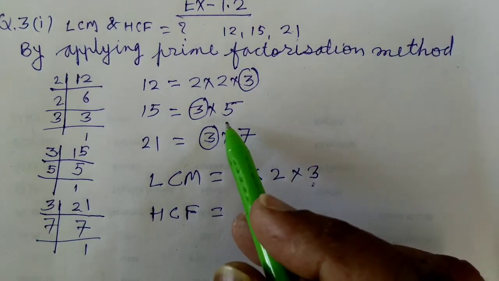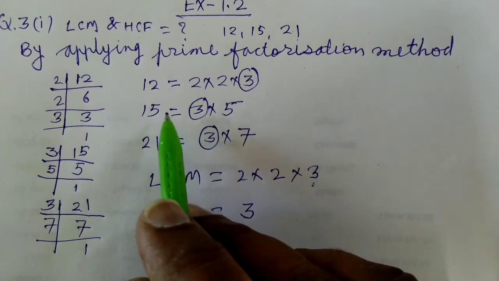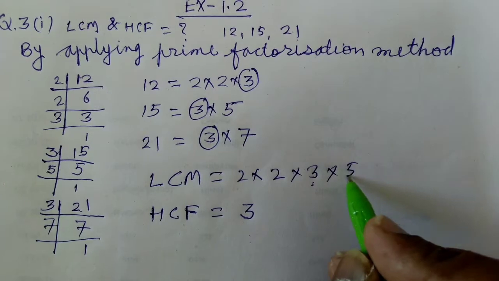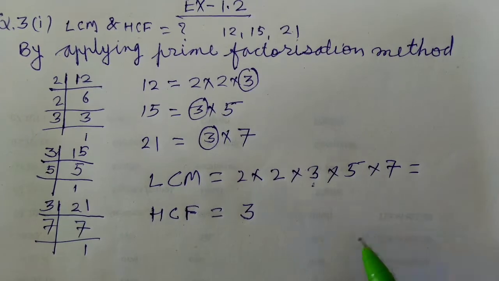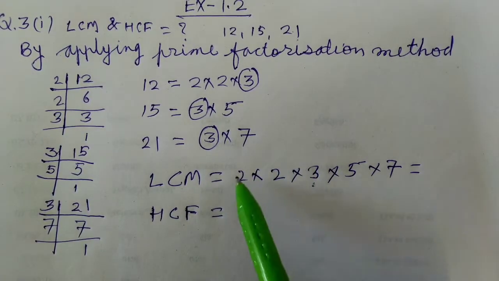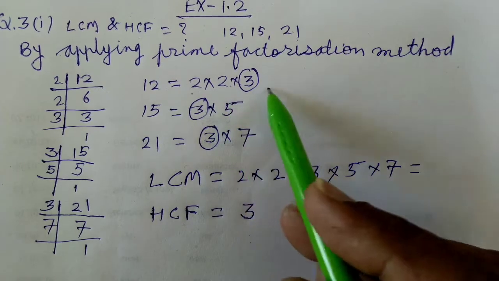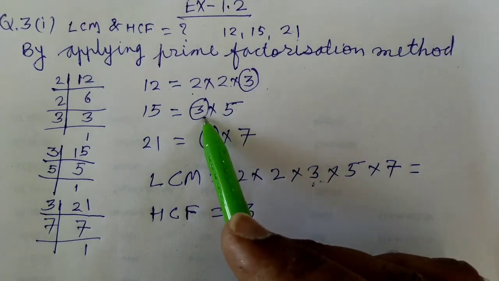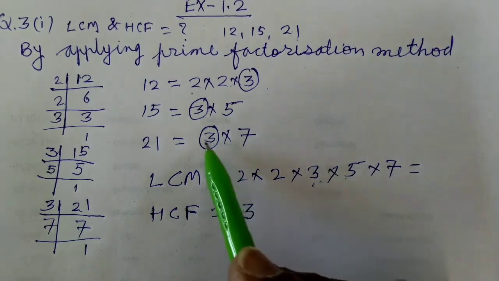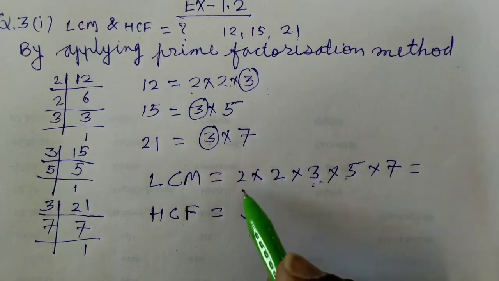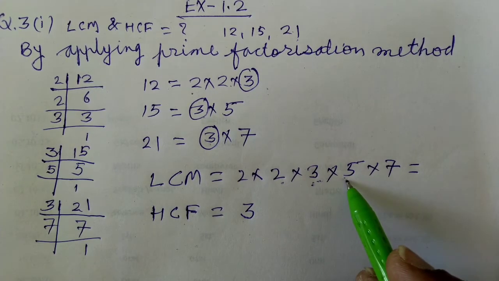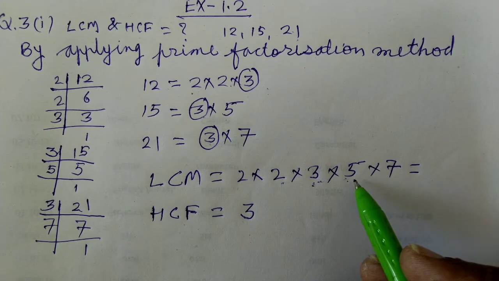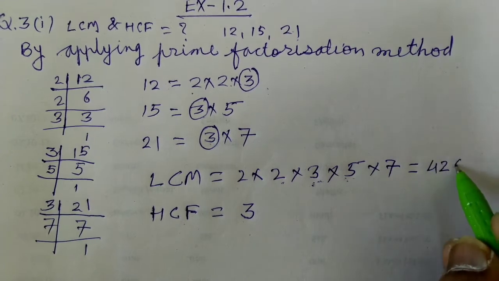Now the remaining factors are 5 and 7. So we have HCF 3, and again we will check for LCM: 2 into 2, 3 one time, 5, and 7. 2 twos are 4, 4 threes are 12, 12 fives are 60, 60 sevens are 420.